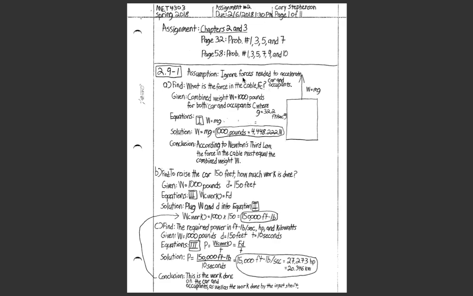And then after that, I've written out what I'm asked to find in the form of a question. So you write that out, and underneath that, you write out whatever you're given in the problem in the way of mathematical constants or physical constants or weights or magnitudes of any kind, anything of that nature.